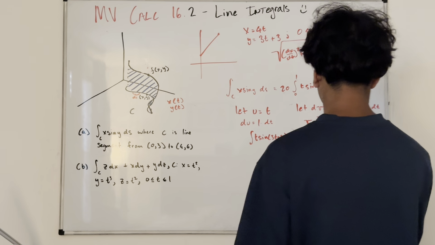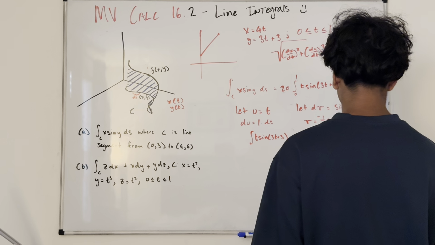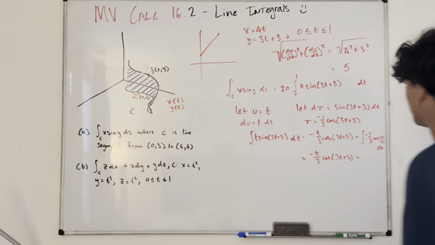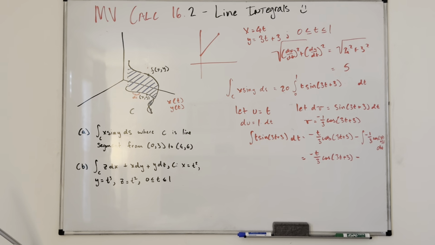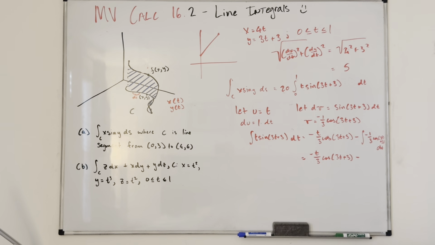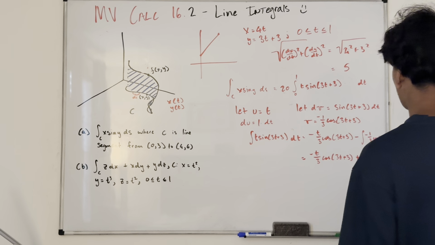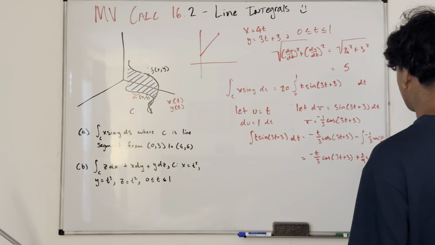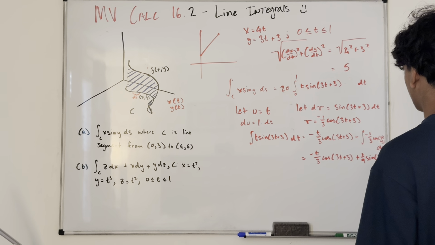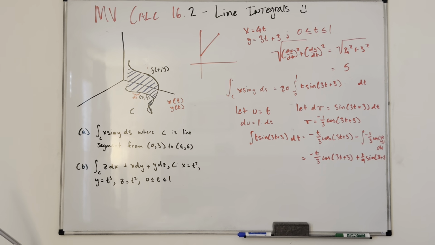So this, okay, negative t over 3 cosine of 3t plus 3. If I take the derivative of negative sine, I get negative cosine, so this is going to be plus 1/9 sine of 3t plus 3. Does that seem right? I think that seems right. Yeah, that seems right.